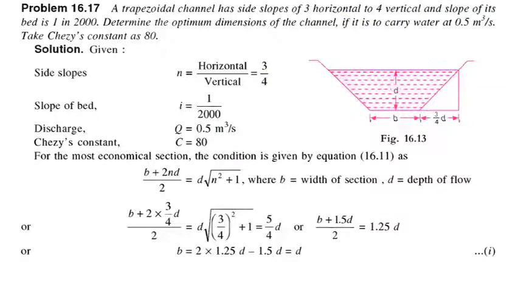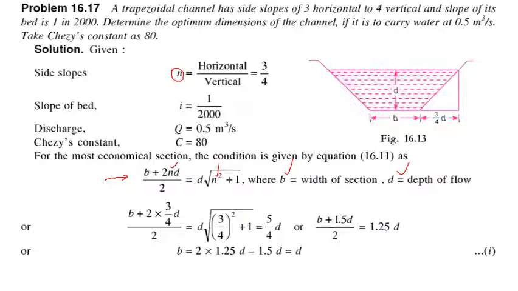Okay, for the most economical section, the condition given is b plus 2nd by 2 is equal to d into square root of n square plus 1, where b is the width of the section and d is the depth of the flow. So we have to find out b and d. Here the quantity we know is n, that is 3 by 4, which can be substituted here. b and d are two unknowns.